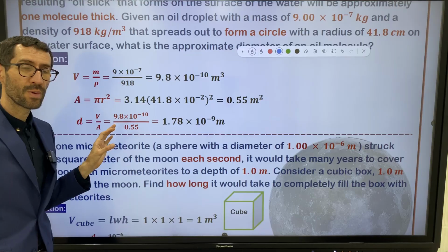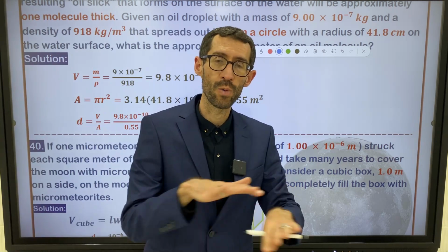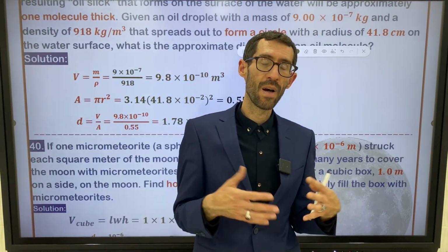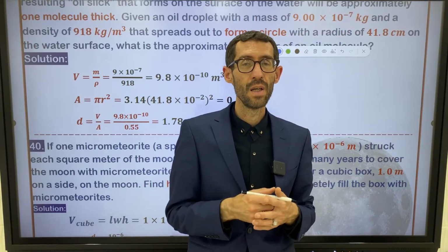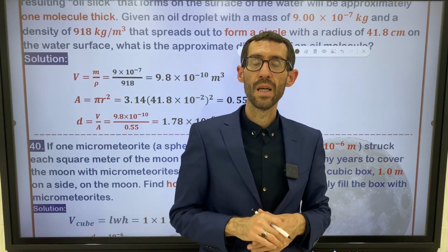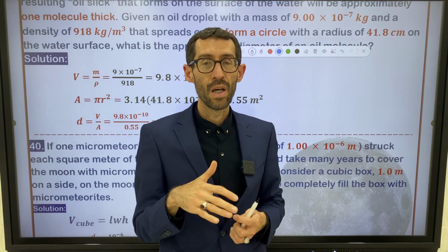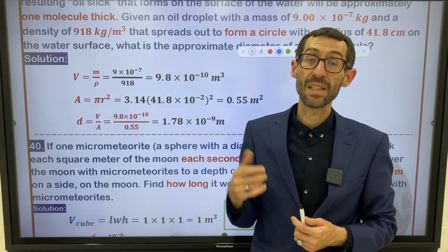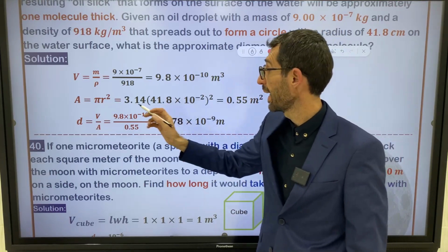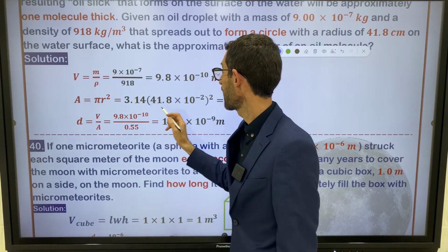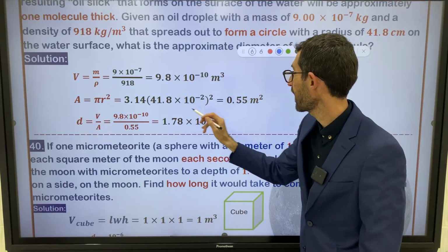So we have to find the surface area because the oil droplet spreads out to the surface of water. That's why we don't have, for example, a perfect sphere. You have to find the surface area, not the volume of the sphere. Surface area is A equal to pi r square. So pi and the radius is this number squared, and find the answer.